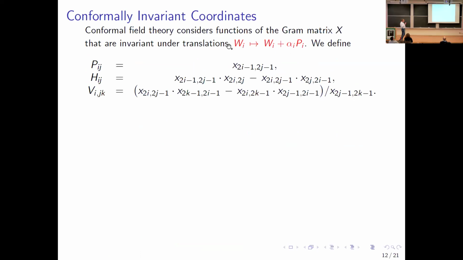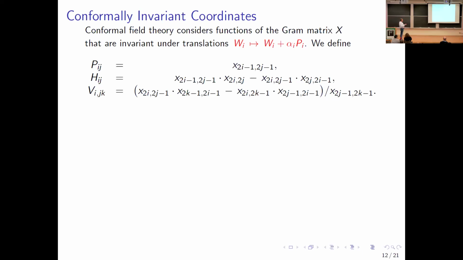So if you take the w_i and add a multiple of the p_i, then whatever quantity you study should also be invariant. This looks like a harmless operation, but of course, you know that it's an additive group action. That's non-reductive. We're going to be interested in this, but this is not a reductive group.